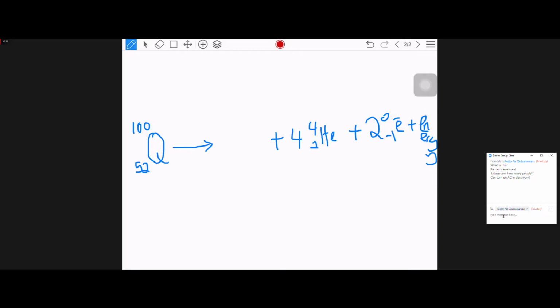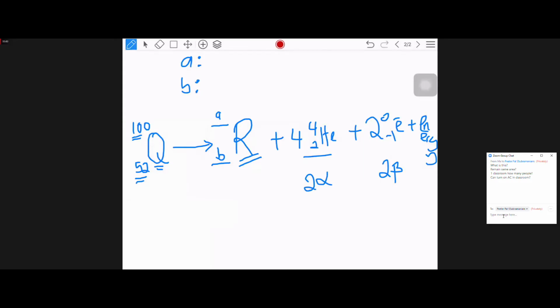Now the new element formed is R. What should be the nucleon number and what should be the proton number of element R? So initial element was Q with a nucleon number of 100 and proton number of 52. This element is decaying by releasing 2 alpha and 2 beta. So what should be the new element which is formed? What is the nucleon number and what is the proton number of the new element formed?